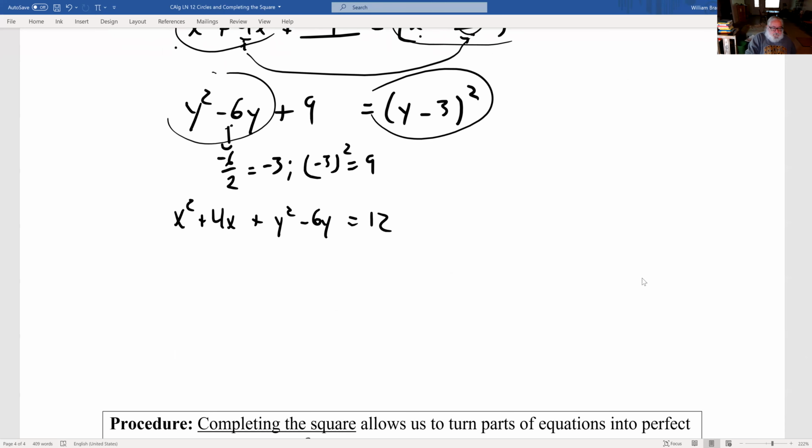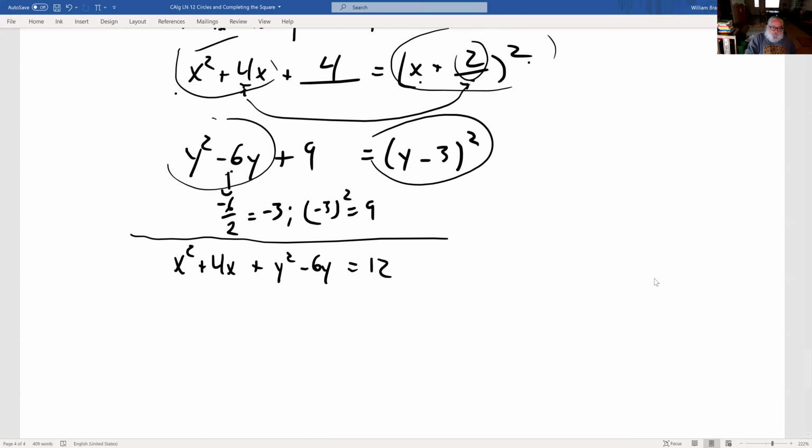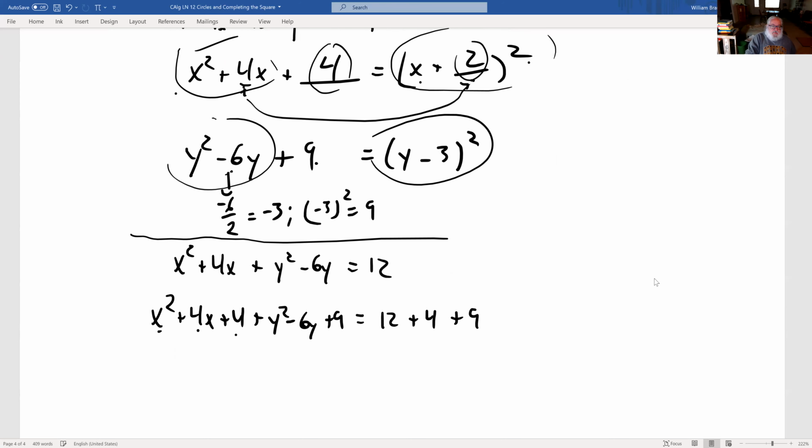Well, if I add a 4 to both sides, that gives me my x squared plus 4x plus 4. If I add a 9 to both sides, that gives me the y squared minus 6y plus 9.